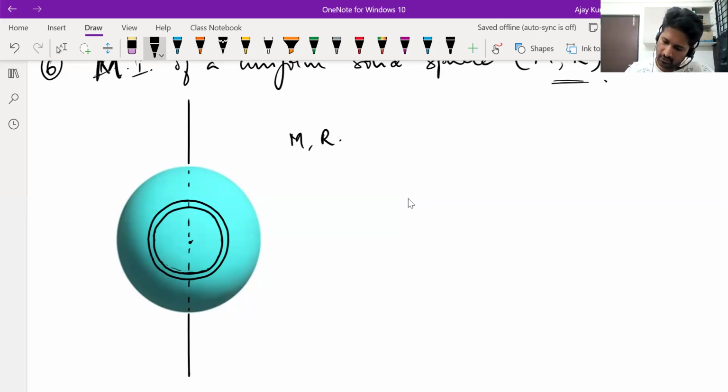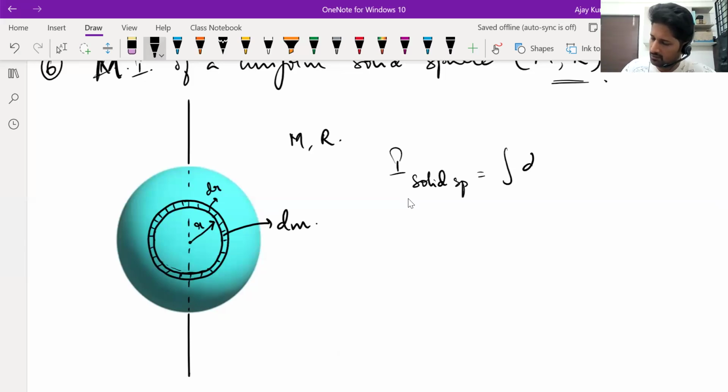This hollow sphere, you can assume it has a radius small r and a thickness of dr. Now there will be mass in this thickness. That is the mass of this hollow sphere. You can call it dm. So basically the idea is the total moment of inertia of the solid sphere is the integral of the small moments of inertia contributed by the hollow spheres.